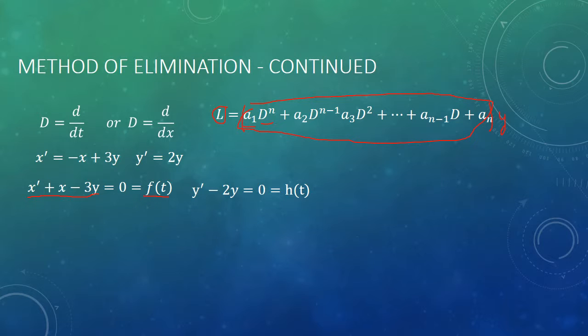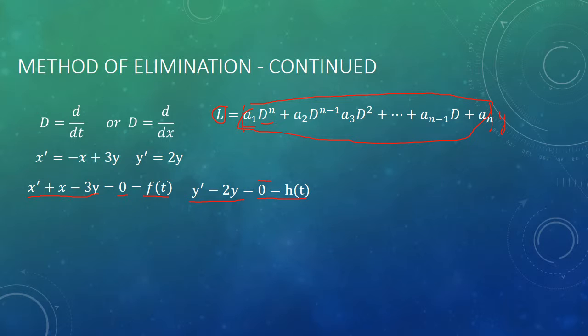In this case, our function is 0. That's okay for this case, but in general it will be a function of time. And then I have some derivative with y, and again, it's equal to some function h, which is some unknown function with respect to time. But in this case, our function is going to be 0, because that's the problem we did before.